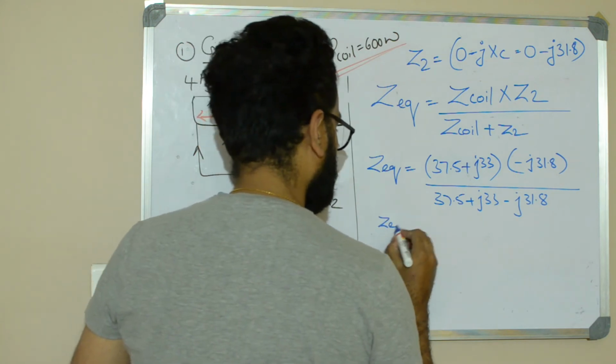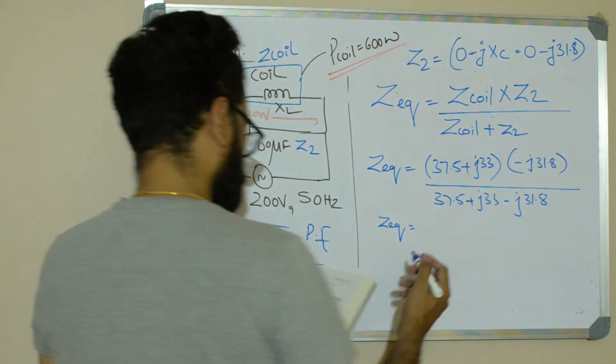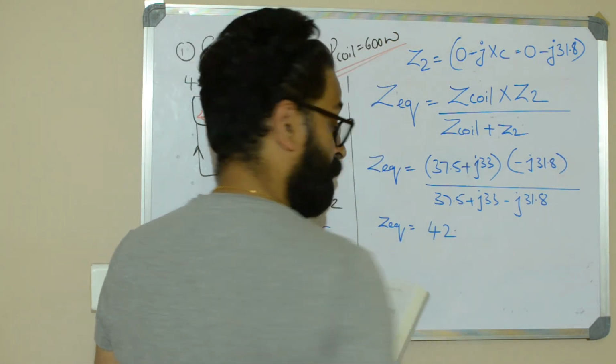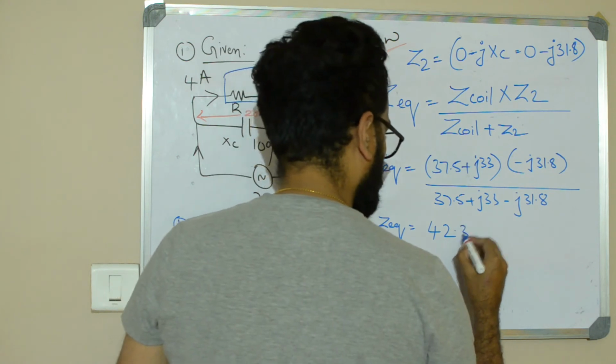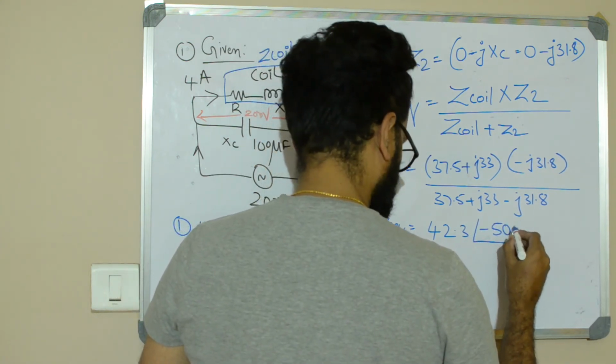So you would get Z equivalent, in magnitude and angle form, as 42.3 at an angle of minus 50.5.